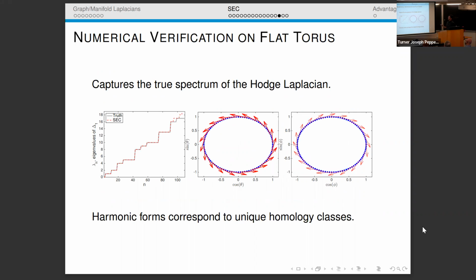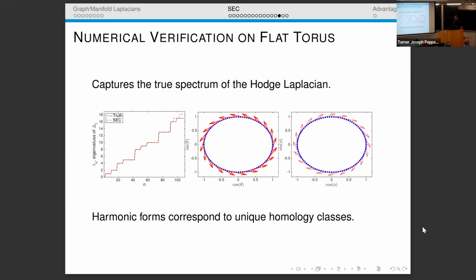And so these are some tests. This is a flat torus. I'm showing its projections into theta and phi space, which are both just circles. This is showing that, when we build our Hodge Laplacian, we get the spectrum of the Hodge Laplacian compared to the real one. This is a simple example where you can actually compute the real spectrum. Otherwise, if you write down any non-trivial manifold, it's almost impossible to find the spectrum of the Hodge Laplacian.